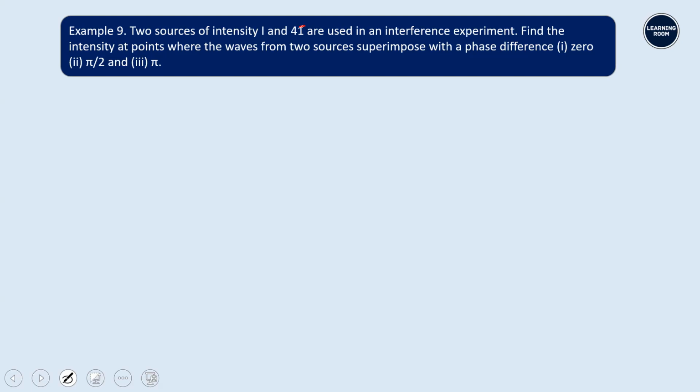If the phase difference is 0, what is going to be the wave intensity there? I is equal to I1 plus I2 plus 2 root of I1 I2 cos phi. If phi is 0, it will be I plus 4I plus 4I, which will give us 9I.